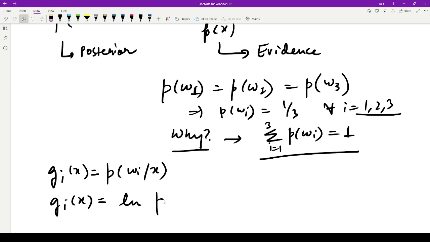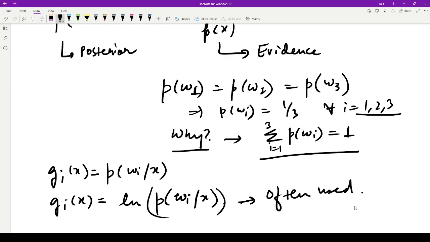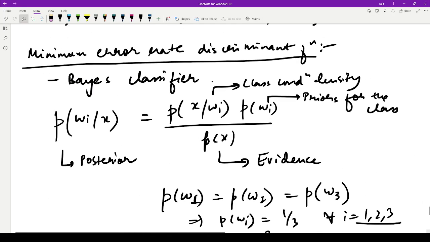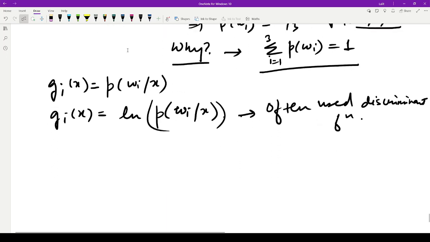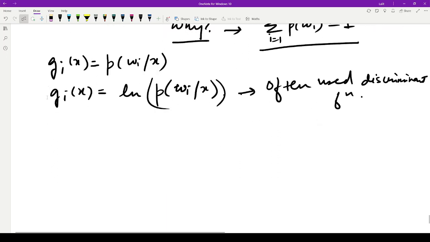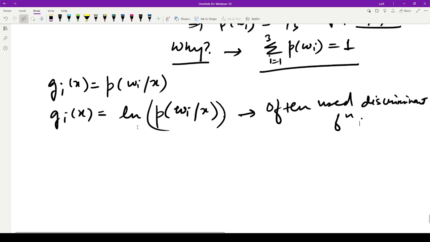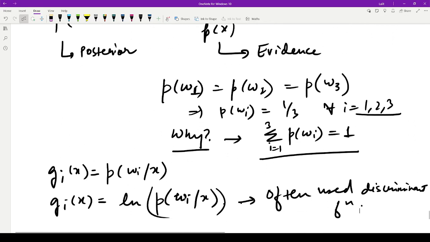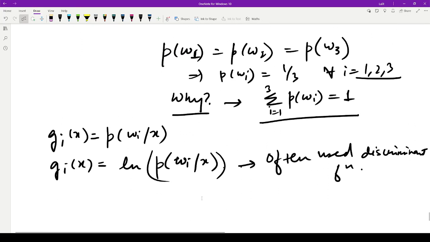What people generally do is take this specific value, the most often used discriminant function. Well, here we are using P of Wi given X because we are using Bayes classifier, and Bayes classifier is the minimum error rate, but the whole discriminant function can be defined in a different fashion.